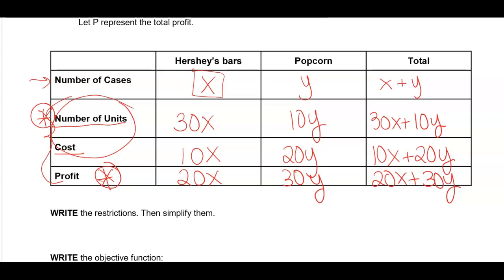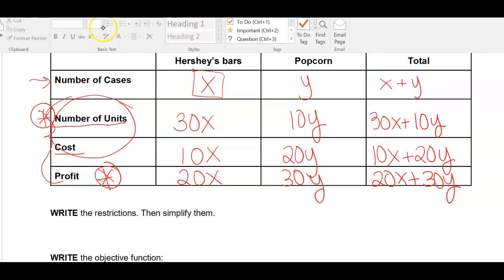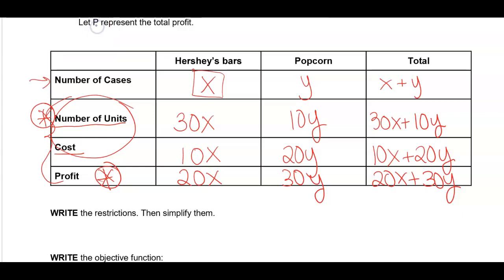So in the problem, the two things that we just circled are the restrictions. The things that you said, oh, these are the rules I have to follow. So for us, the restrictions are here, okay? These two things, number of units and cost.